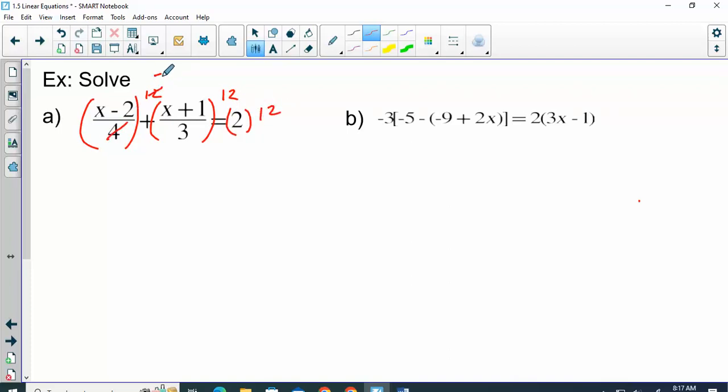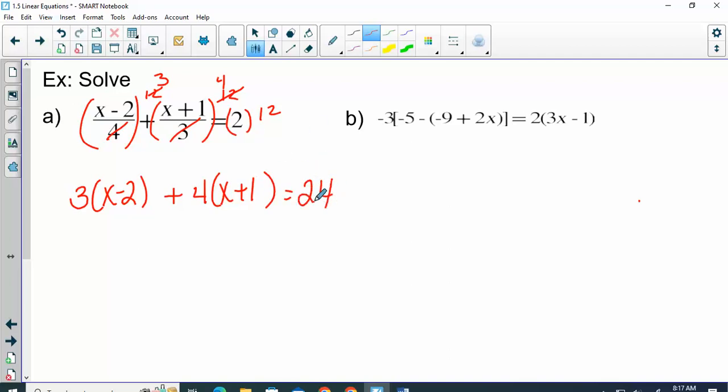12 divided by 4 is 3, so we're left with 3 times the x minus 2. 12 divided by 3 is 4, so 4 times the x plus 1. And 2 times 12 is 24. So if we distribute, we get 3x minus 6 plus 4x plus 4 equals 24. 3x plus 4x is 7x.